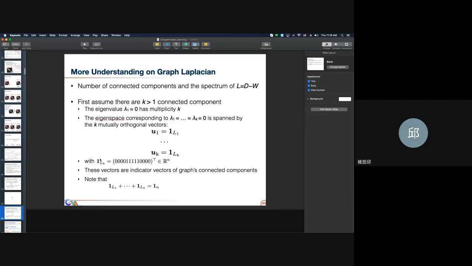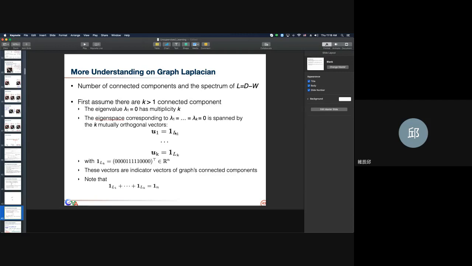The one vector that corresponds to the zero eigenvalue of Lk can be represented this way: a one vector with ones on the elements corresponding to the k-th connected component and 0 otherwise.